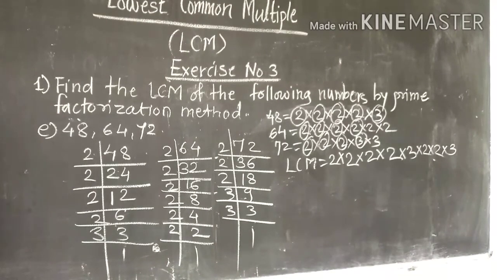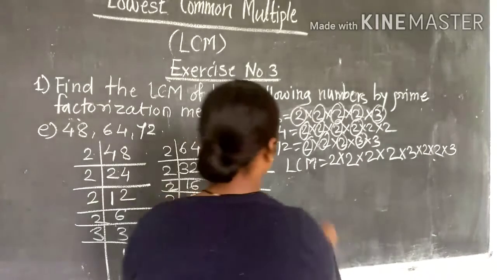2 2s are 4, 4 2s are 8, 8 2s are 16. 16 3s are 48. 48 twos are 96, and 96 twos are 192. 192 into 3 is 576.